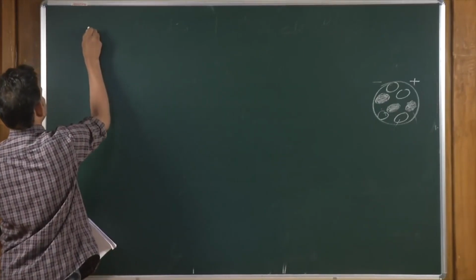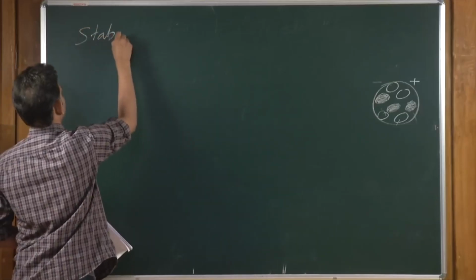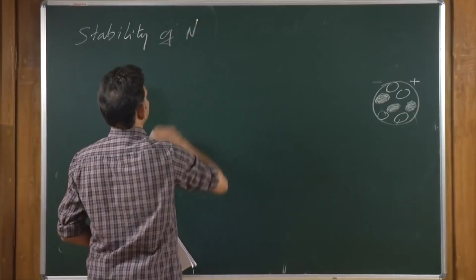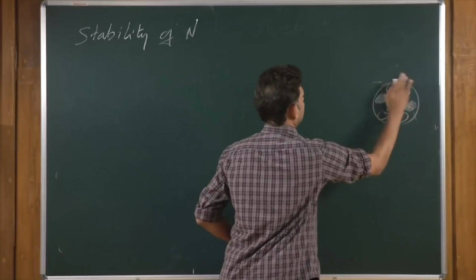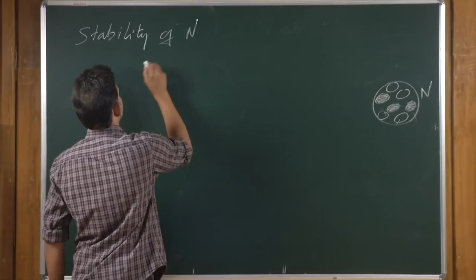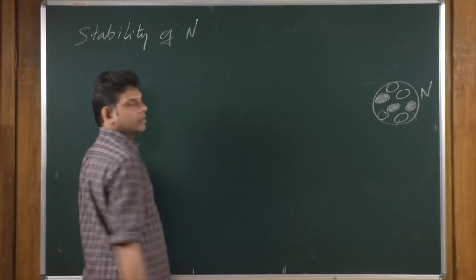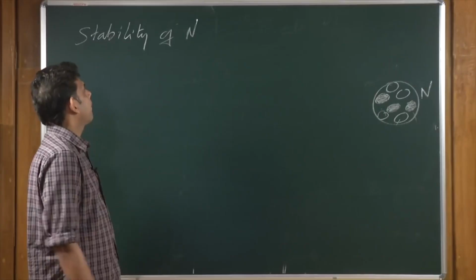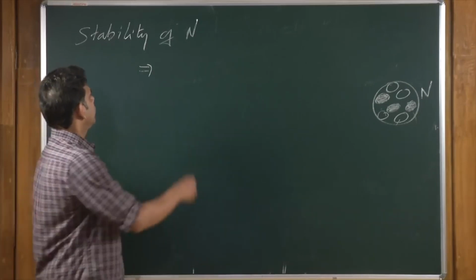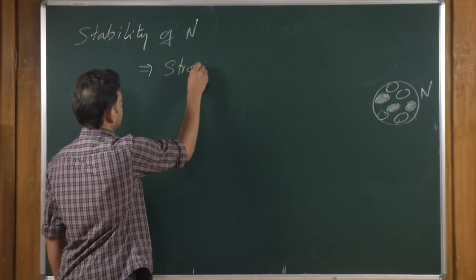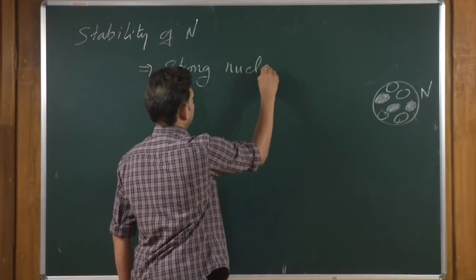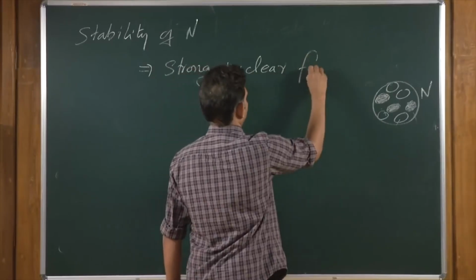Therefore, for the stability of the nucleus against the electromagnetic repulsion of the protons which are close together, we require some strong force, and it is found in the nuclear force.